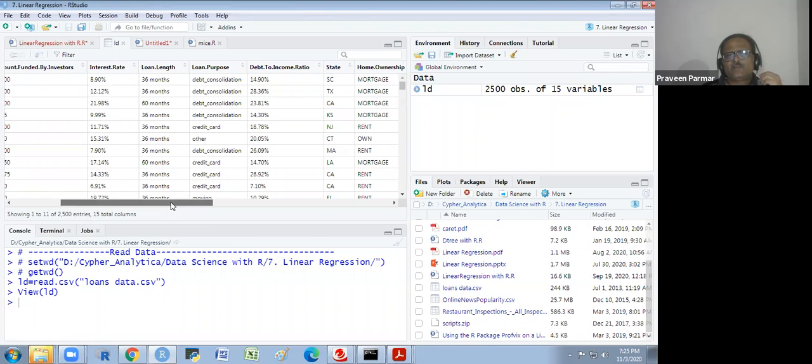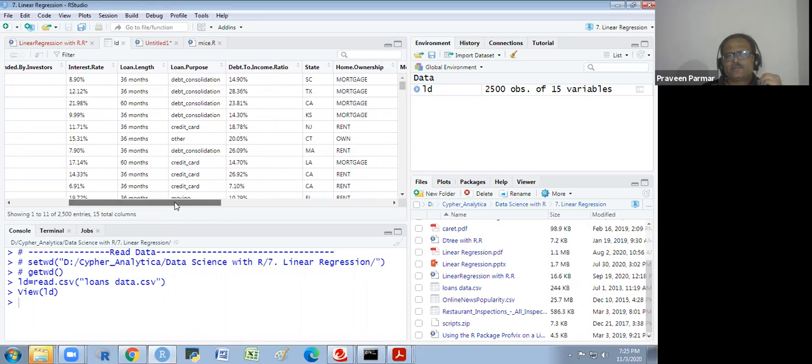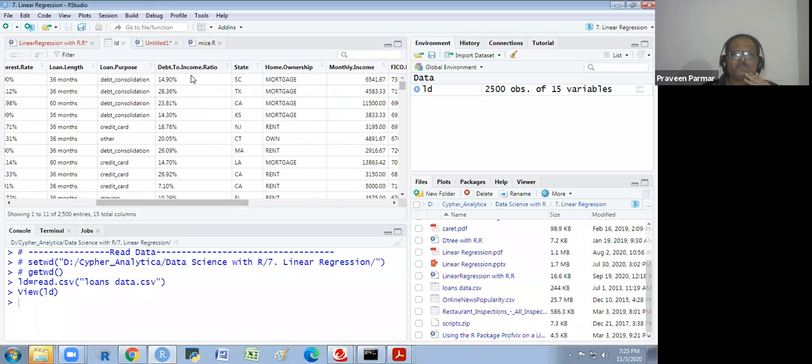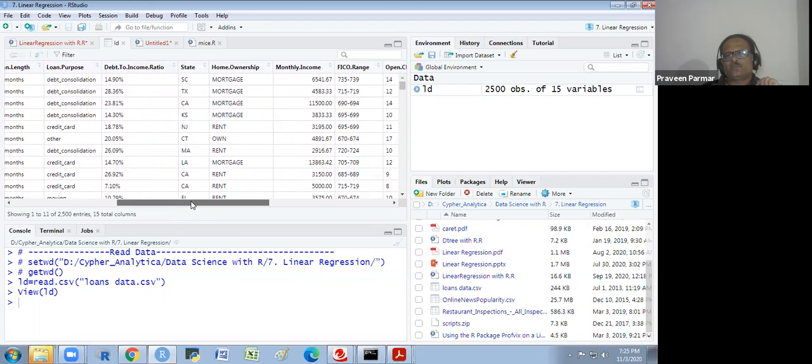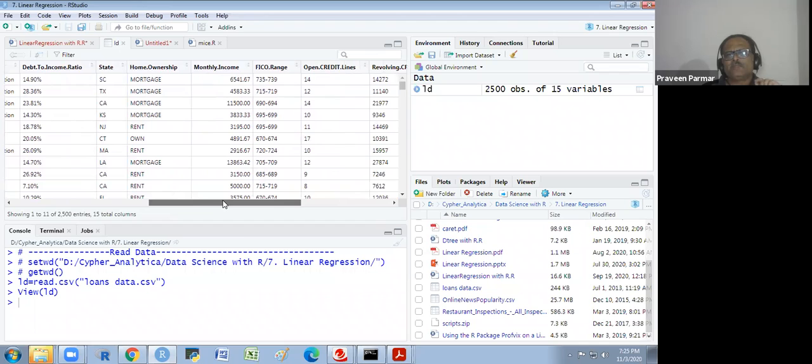Loan purpose: debt consolidation, credit card, other, whatever. Debt to income ratio is given, 14.90, 28.60. State is given. Home ownership is mortgage, rent, or own. Monthly income of the person is given.